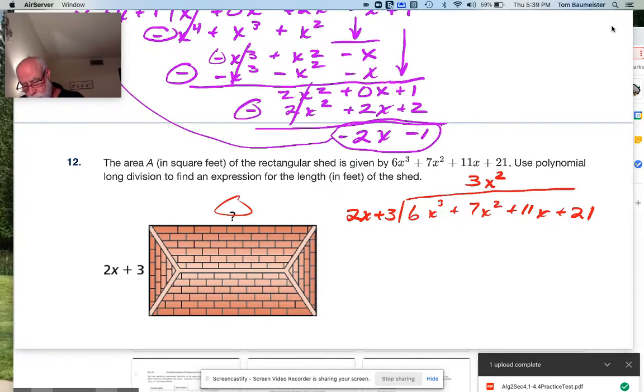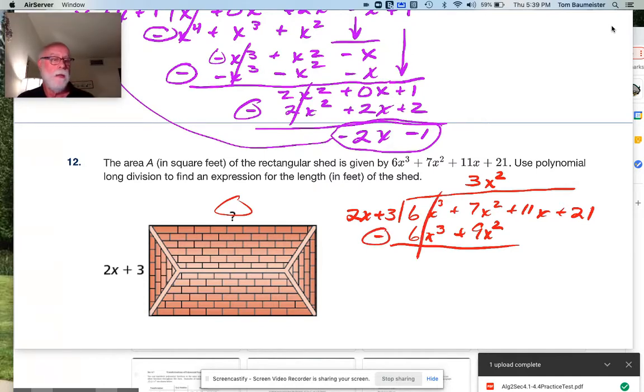So again, I work that out, I'll get 6x cubed here, and I will get plus 9x squared here. Again, when I subtract them, those are going to go away, and then I'll have 7x squared minus 9x squared, which will give me minus 2x squared, and then I'll bring down the 11x.